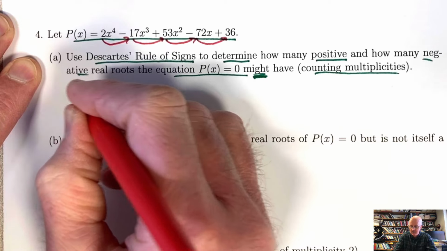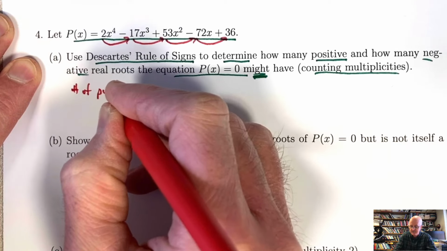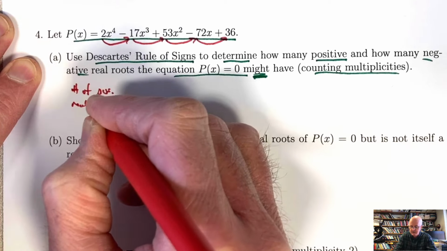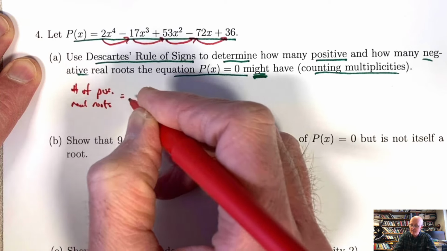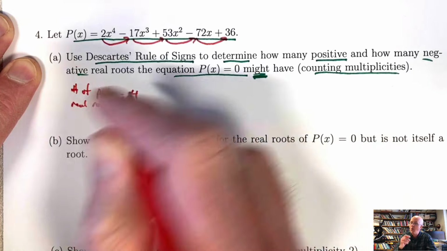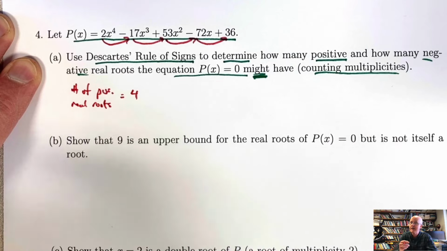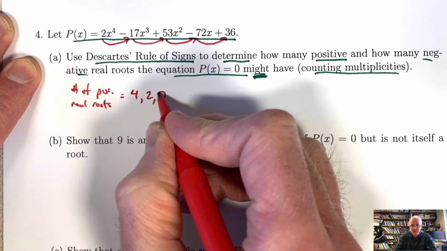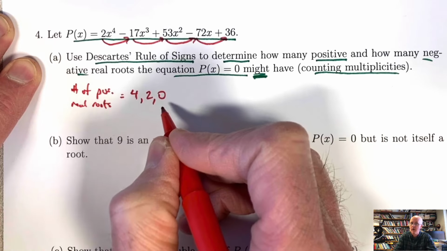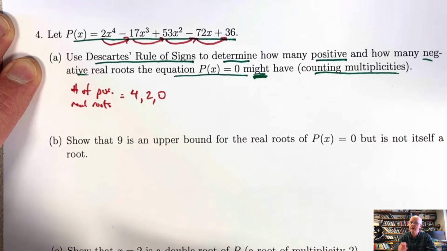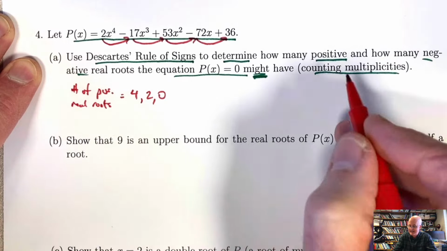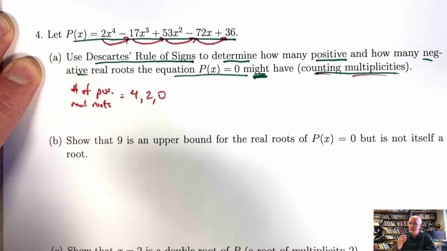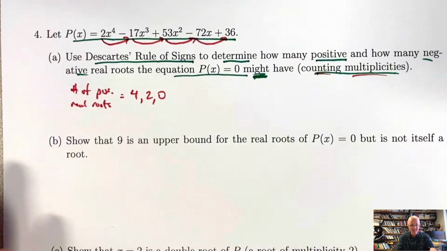So the number of positive real roots is either that number of sign changes, 4, or less than it by an even number, meaning either 2 or 0 as well. So we either have 4, 2, or 0 positive real roots, though this again counts multiple roots by their multiplicities. And that actually happens in this problem, we'll see.